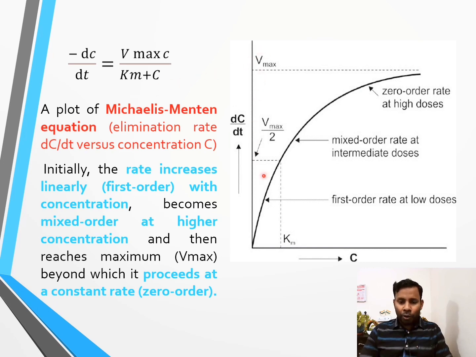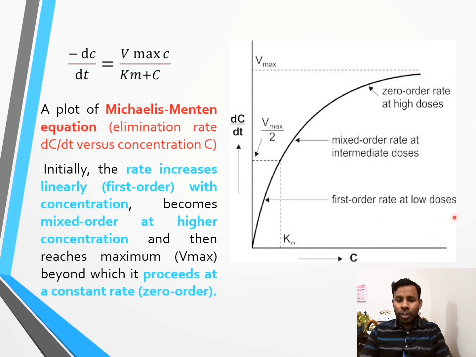So this graph is the Michaelis-Menten equation plot. This graph is plotted C versus dC by dt. dC by dt is the elimination rate and C is the plasma drug concentration. If we see this graph, it will increase, then it will go on at a constant zero order rate.